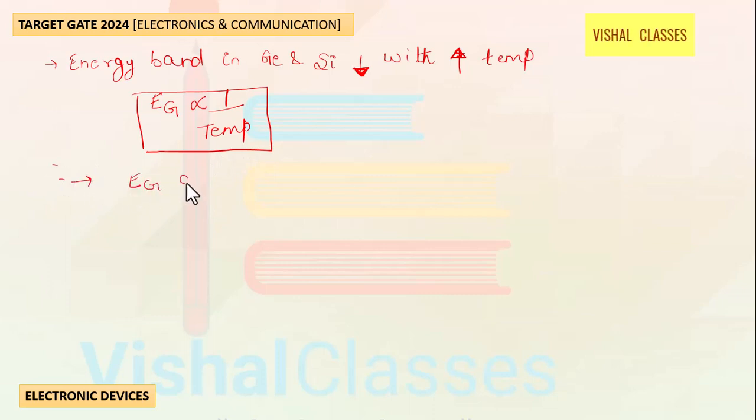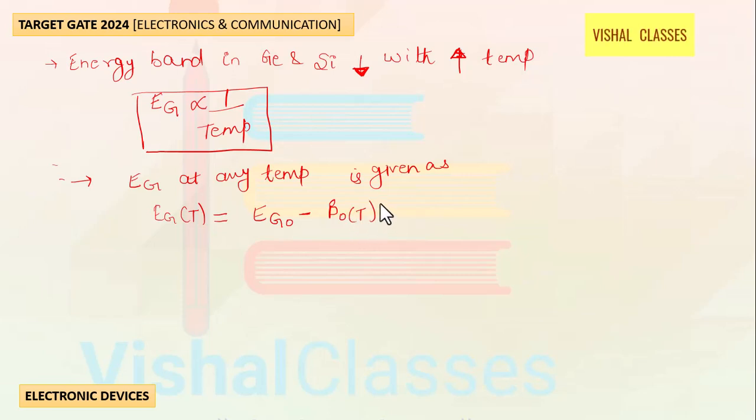Eg at any temperature is given as Eg at temperature T is equal to Eg at temperature 0 Kelvin minus beta node T, in electron volt.